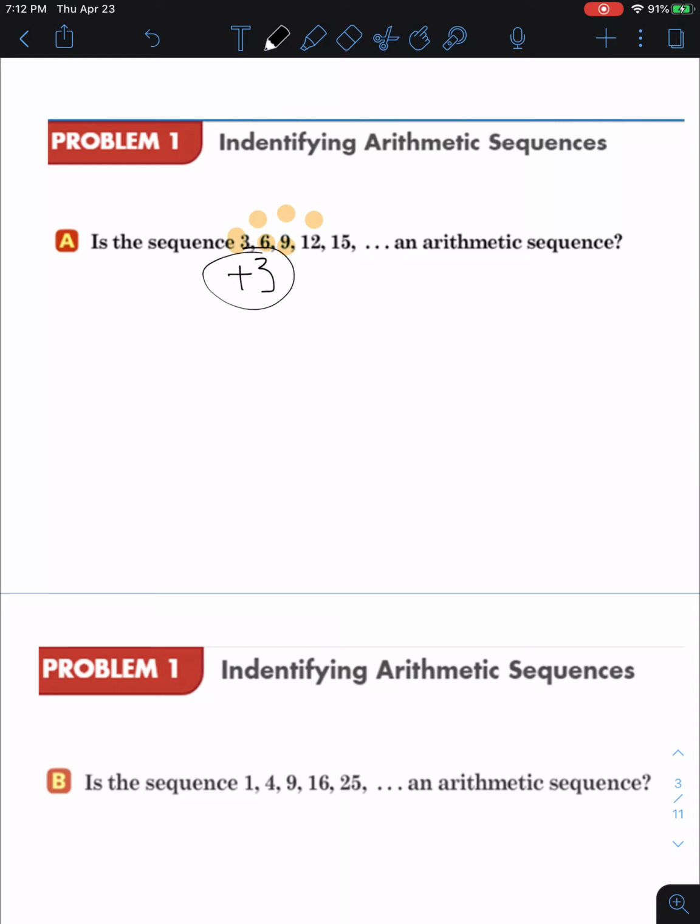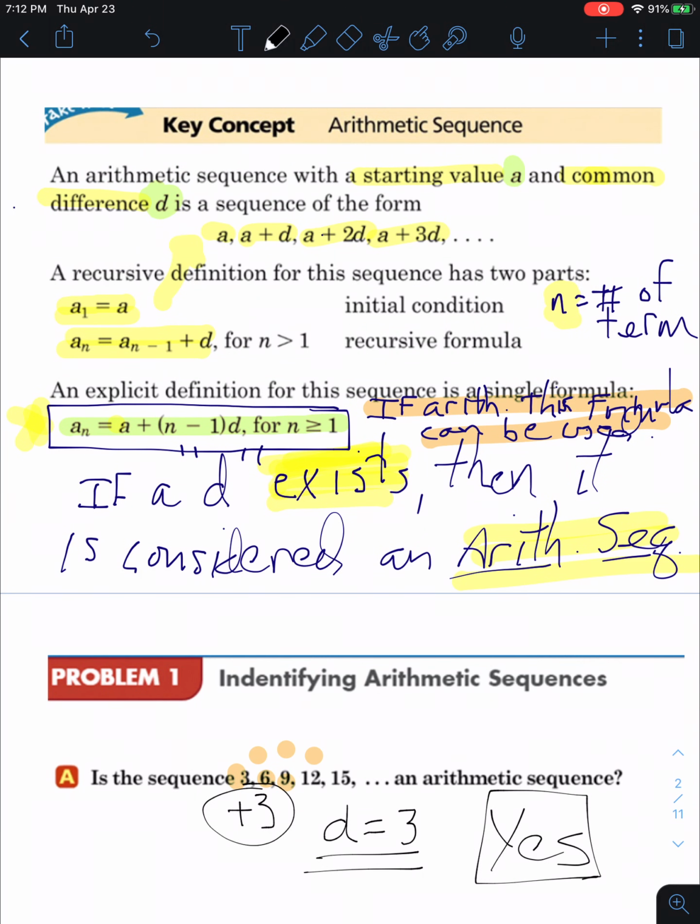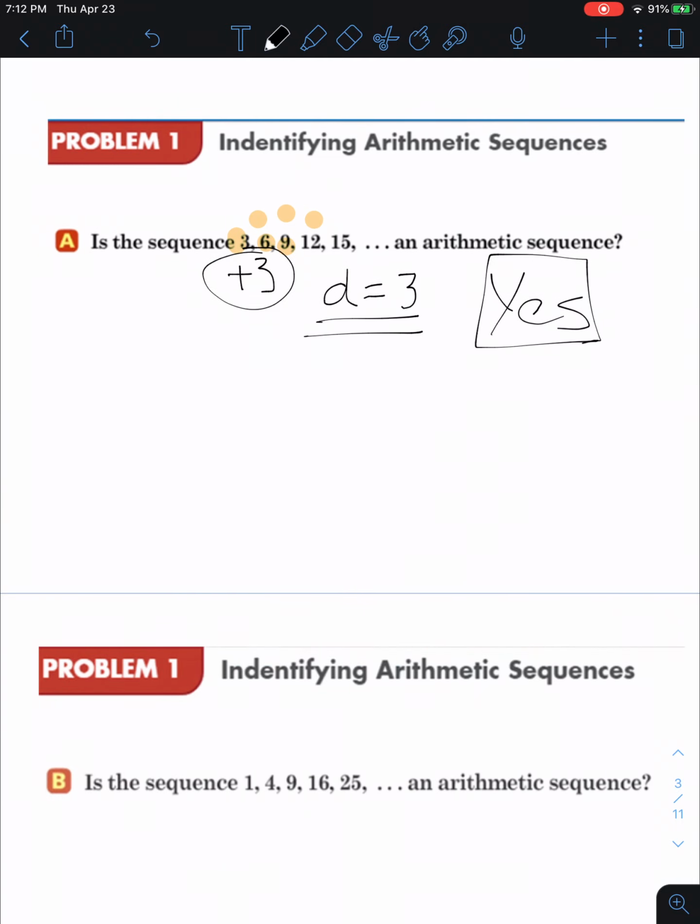So my d, common difference, is 3. So, is this an arithmetic sequence? The answer would be yes. It's an arithmetic sequence, and d equals 3. So this is how I know there's a common difference. And remember I said, if d does exist, then it's considered an arithmetic sequence.